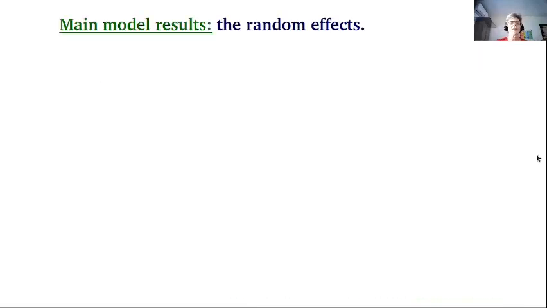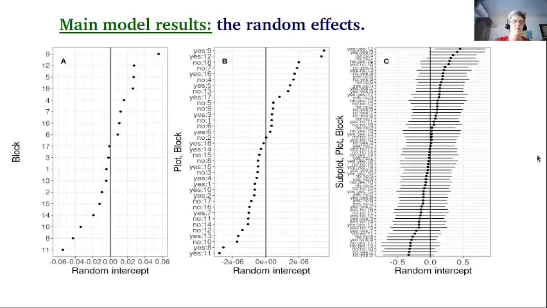We can also obtain the random effects. These random effects can be shown in plots. Here we have for the blocks, the 18 blocks ordered in ascending order. Here we have the plots within the blocks, and here we have the subplots and the three-way combinations of subplot, plot, and blocks, again in ascending order. This bar here shows the standard error for these estimated coefficients.